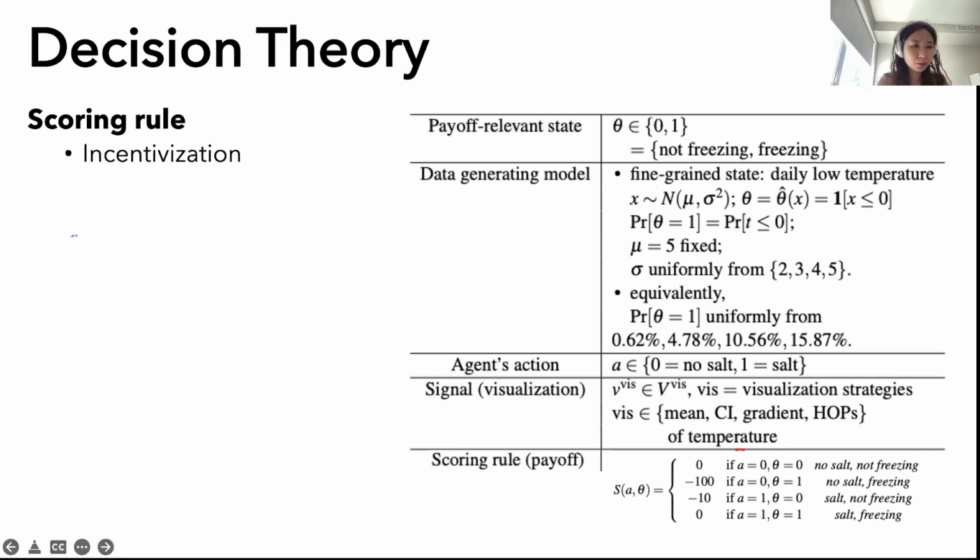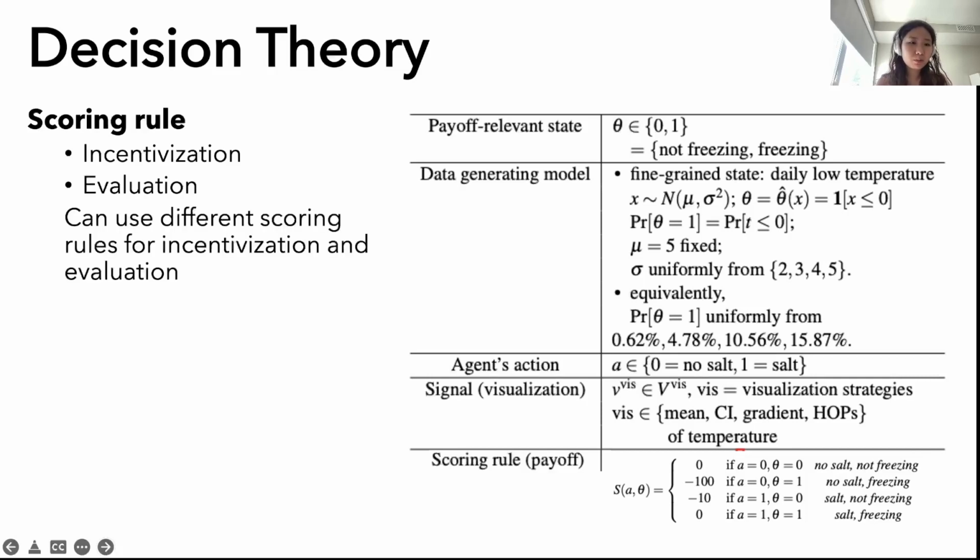The scoring rule has 2 usages. The first one is to incentivize people to take a better action. The experimenter can also use it for evaluation after getting the data from the experiment. So the experimenter can use different scoring rules for incentivization and evaluation.